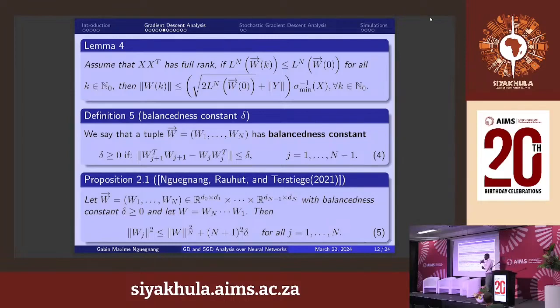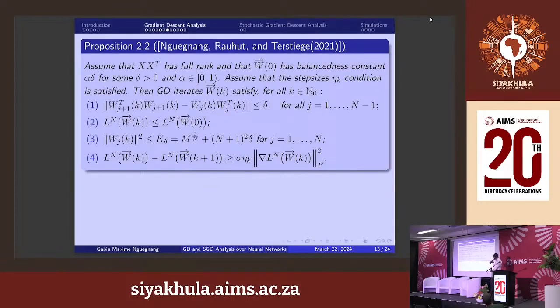But the question now is, could we have it with gradient descent? Because the goal is to ensure the iterate of gradient descent is first bounded in order to expect convergence. So we did that with this proposition, where we still consider the same condition on the input data, and now we ask for a condition on the step size, which I will present in the upcoming slide.